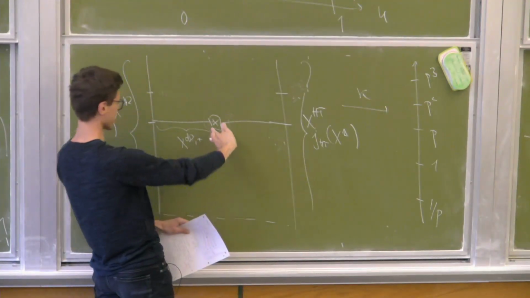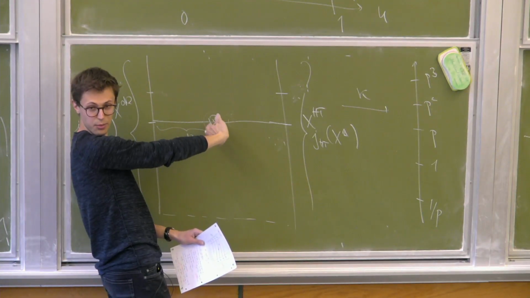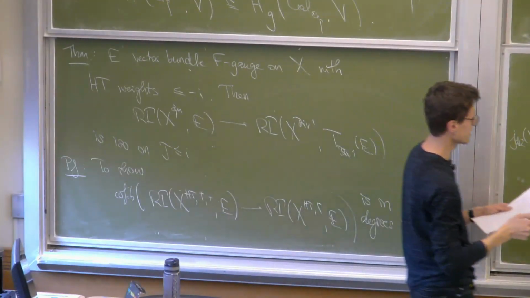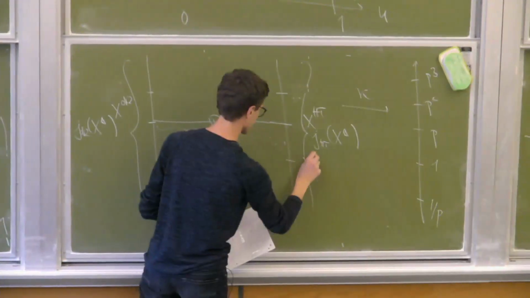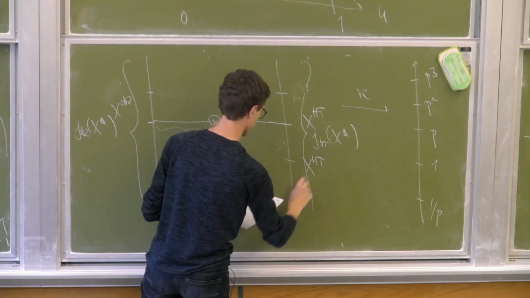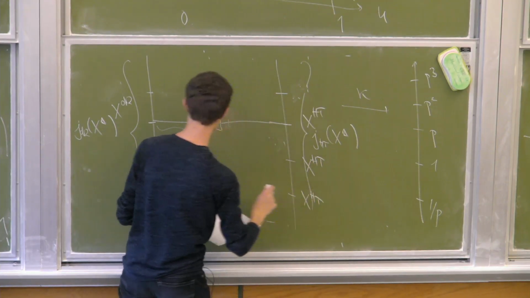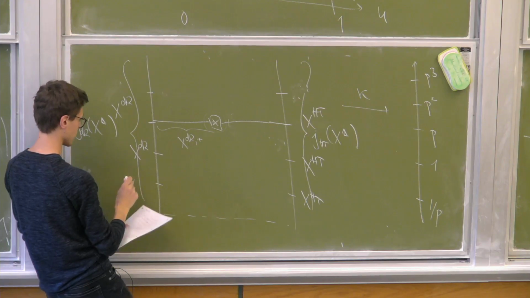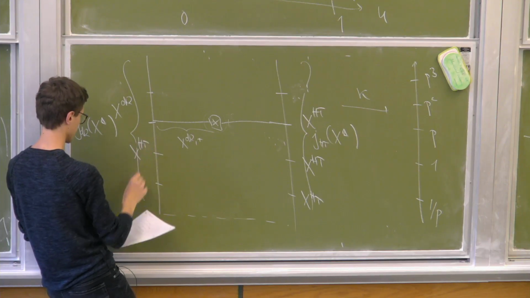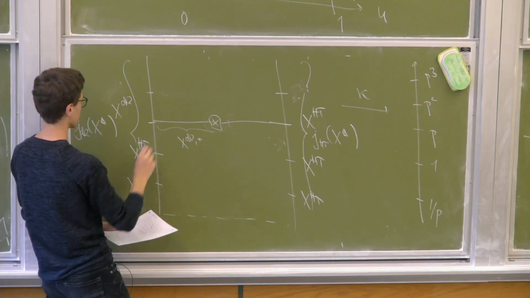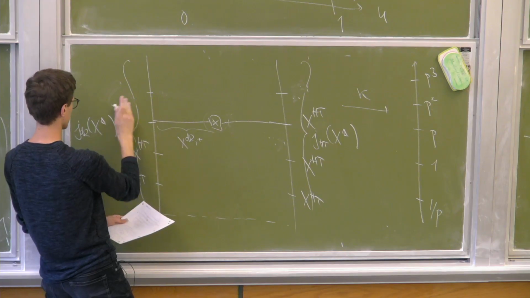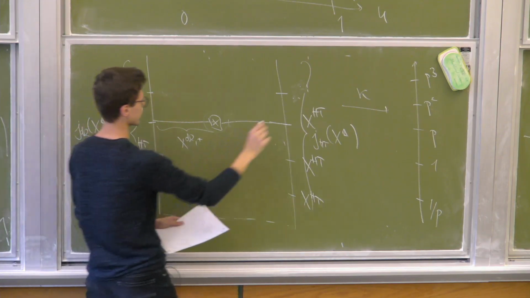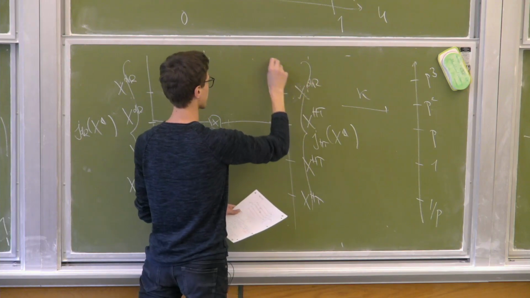And so all the interesting stuff happens at this point where I degenerate from Hodge-Tate to de Rham. Right? And then I have further copies: X Hodge-Tate, X Hodge-Tate, X de Rham, and this should be X Hodge-Tate. So downwards I always have Hodge-Tate stacks, and upwards I always have de Rham stacks.